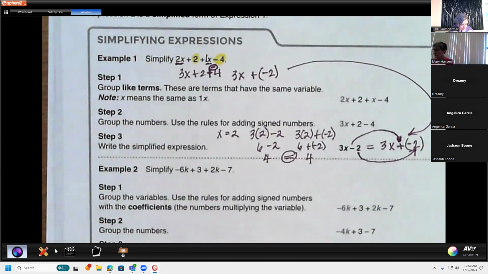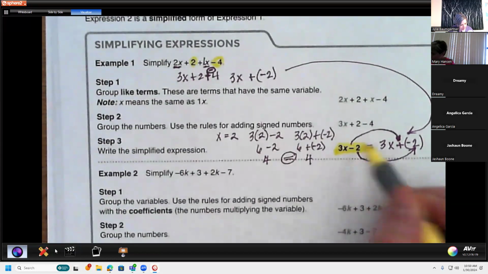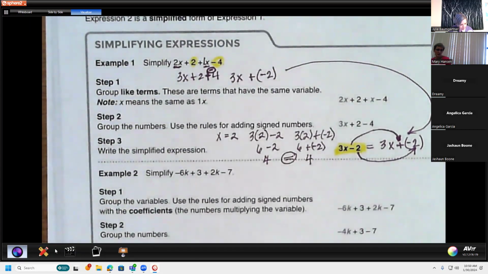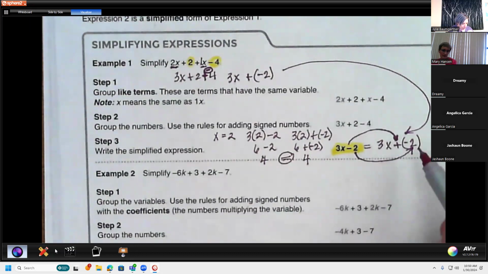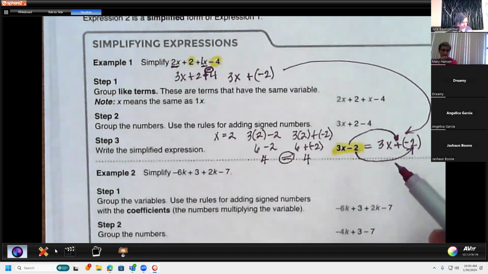If you're looking for a multiple choice answer, you'd probably be most likely to see this answer as a multiple choice. But if you got this answer, then you would need to know that those two are equivalent. Okay. But the process of simplifying an algebraic expression means we're collecting up the things that are alike and doing the operations we can do.